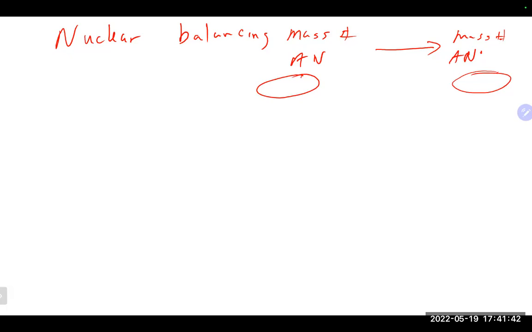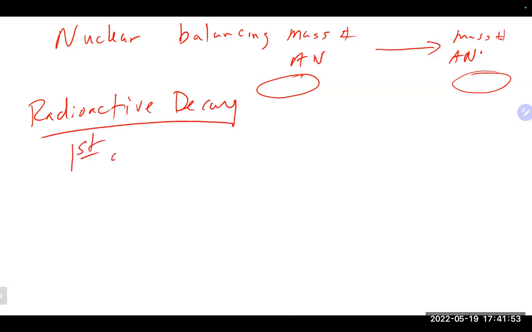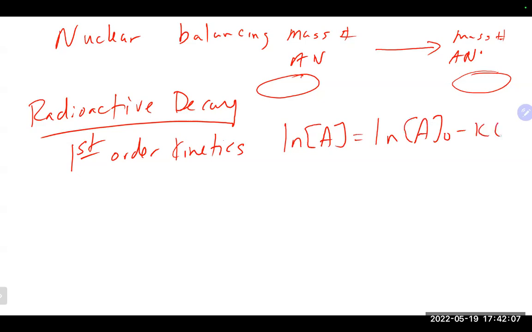We also talked about radioactive decay for the most part last time. Radioactive decay will always follow first order kinetics. And really with first order kinetics, you got pretty much two equations that go with that, which is one version of it, natural log of A equals natural log of A naught minus kt. This A is your final, either concentration, mass, whatever it may be.